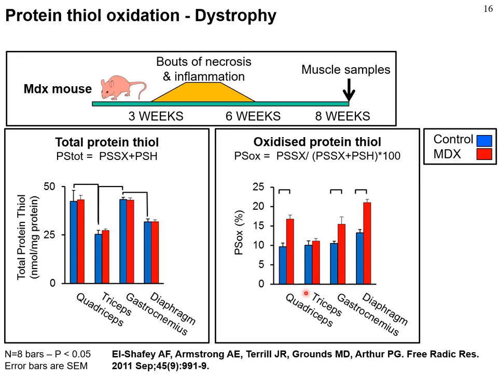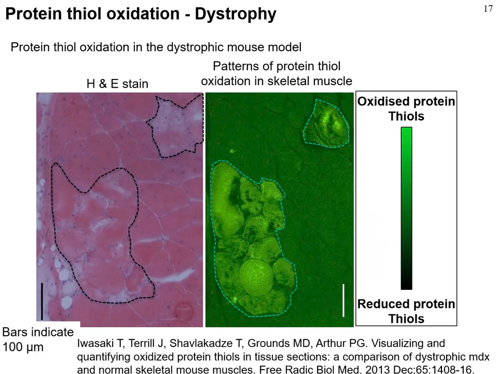And this is quite interesting because the triceps muscle is not very severely affected compared with the quadriceps, gastrocnemius and diaphragm. And so really what this is saying to us is that there is potential for protein thiol oxidation to be contributing to the pathology of the dystrophy. Now, we haven't proven it, but this is the first step in showing that relationship.